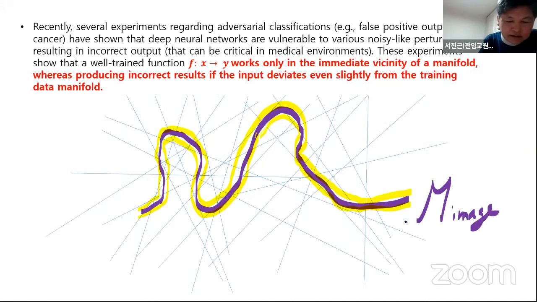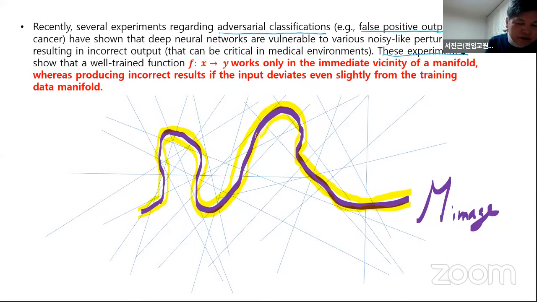This part is also my opinion. I again say my opinion is usually wrong. Recently, we did several experiments on adversarial classification, such as false positive cancer output, and have shown that deep learning networks are vulnerable to various noise-like perturbations, resulting in incorrect output that can be critical in the medical field.